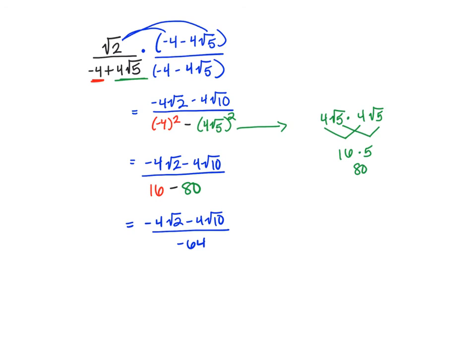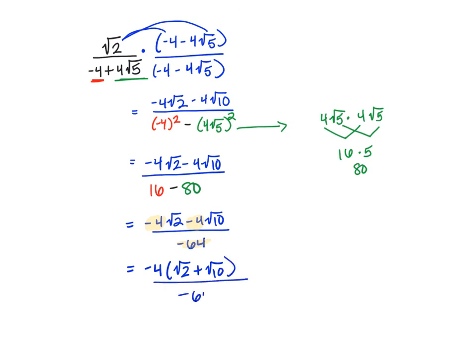So that's not the answer yet, because if you look at the numerator, both of these have a coefficient of negative 4, and negative 4 goes into 64. So to simplify this further, what I'm going to do is factor out a negative 4. That will leave me with root 2 plus root 10 on the inside.